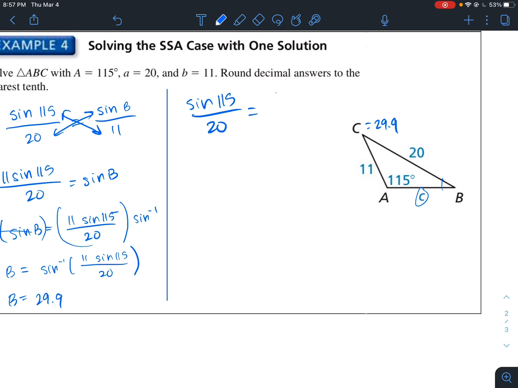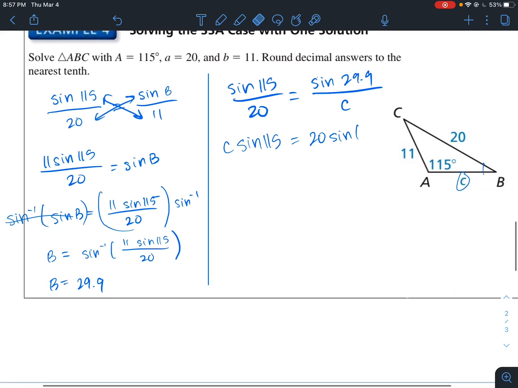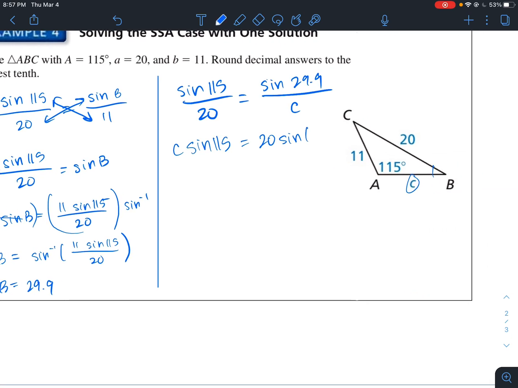This is equivalent to, we can use C, which is sine of 29.9 divided by C, cross multiply, so C sine of 115 is equal to 20 sine of, that's why, because I wrote it as the wrong one. B is equal to 29.9.